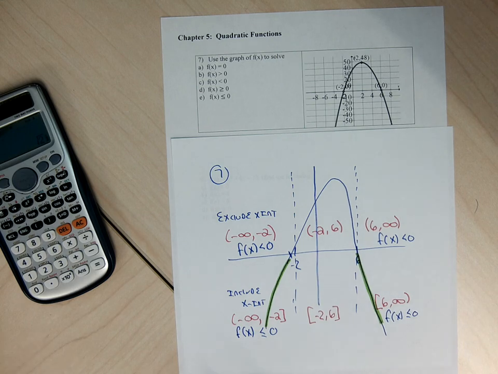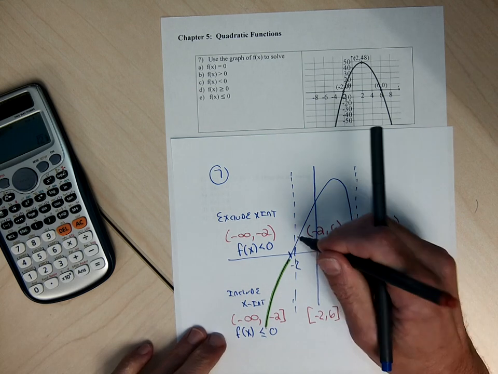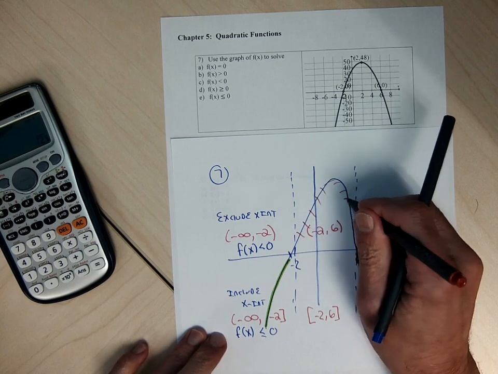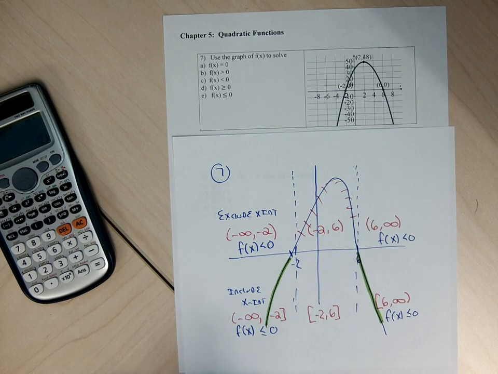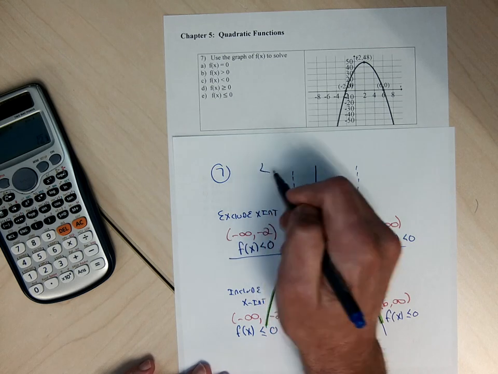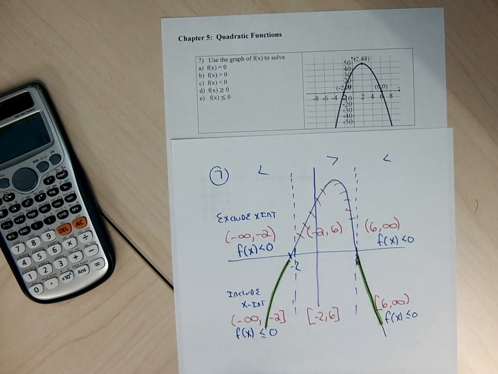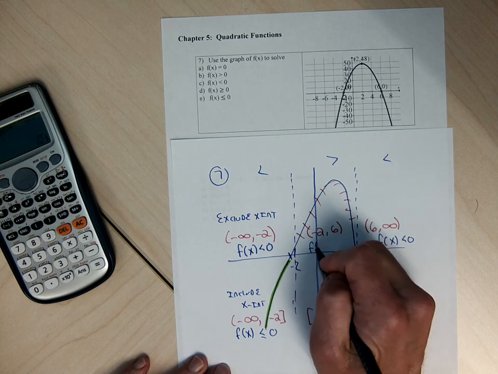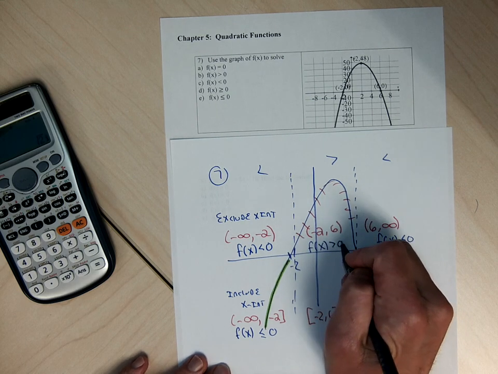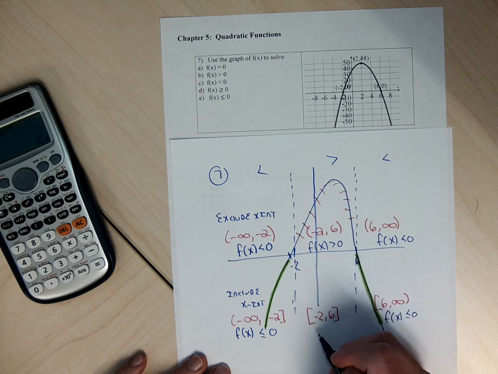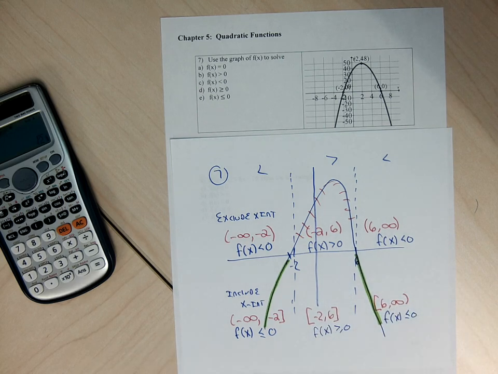And my middle interval, because the graph is above the x-axis, is going to be a greater than. So this is going to go less than, greater than, less than. They always alternate for us. And the middle one, without the x-intercepts, is just a greater than but not equal to 0. Including the x-intercept, you tack on the 0 part.